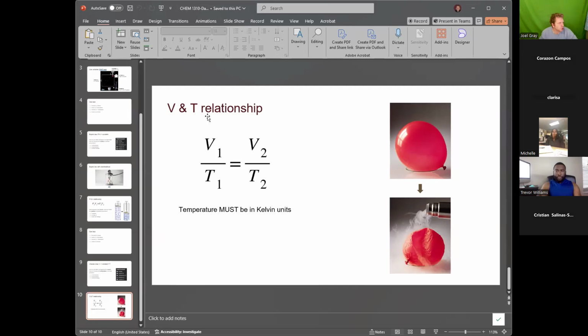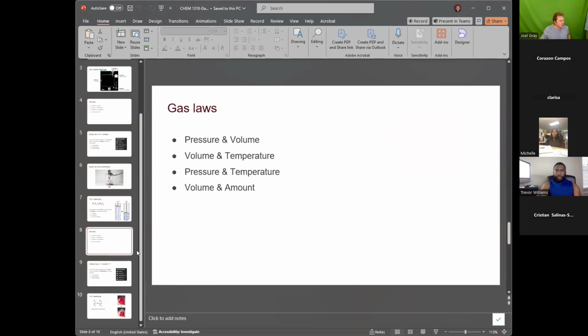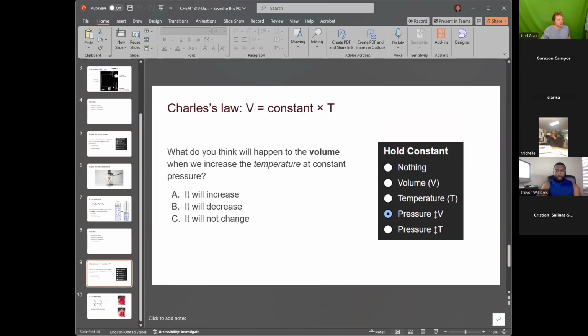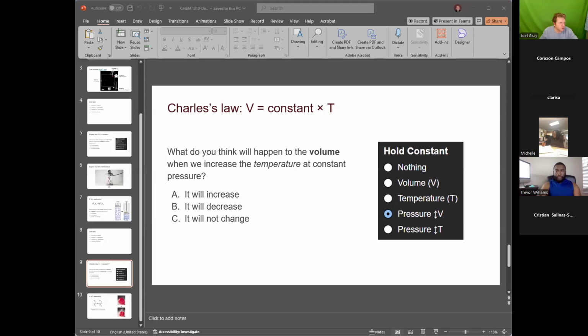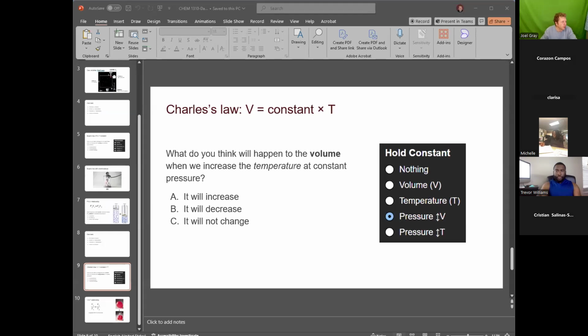Now, we did a calculation with this the other day, but the last thing that I want to say before we proceed is that the relationship between volume and temperature is Charles's law. Now, what we're going to look at today, we're going to name a couple of the other laws because it's kind of helpful to look at them and know their names.